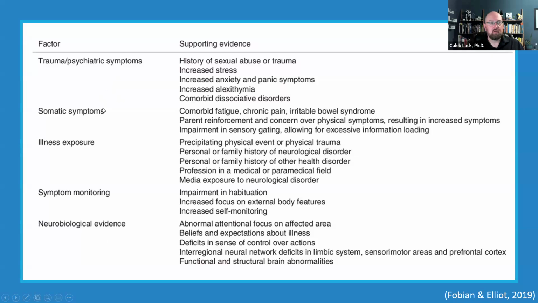And again, no one of these is likely to cause you to have an FND, but when you start having multiple of these areas coming online and being introduced to your environment, you're much more likely to have that.